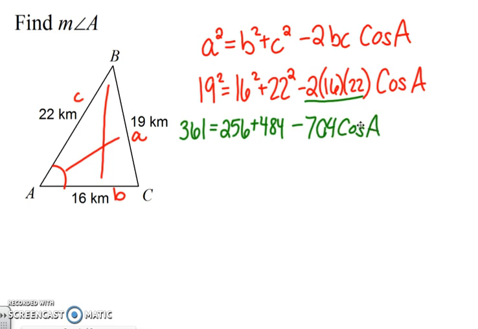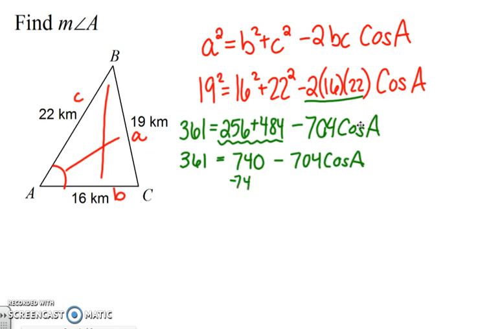Okay. So now first let me combine like terms. Let me add 256 and 484. So that's going to be 740 minus 704 cosine of A equals 361.